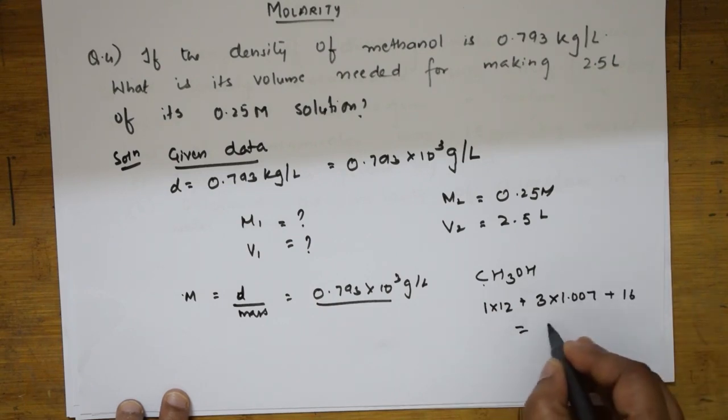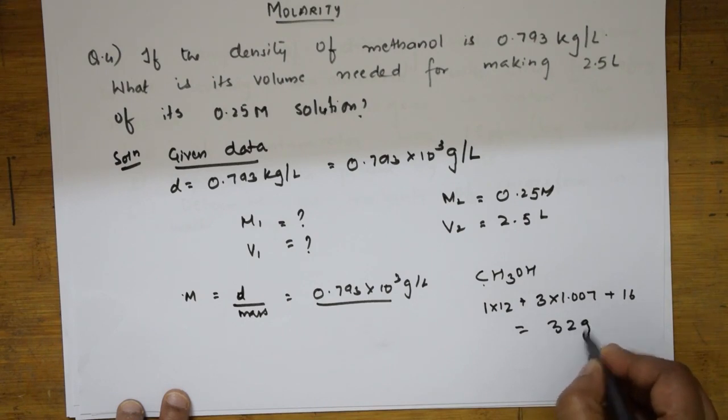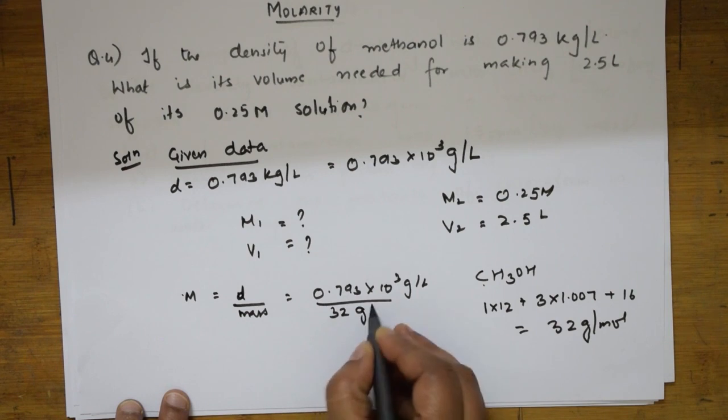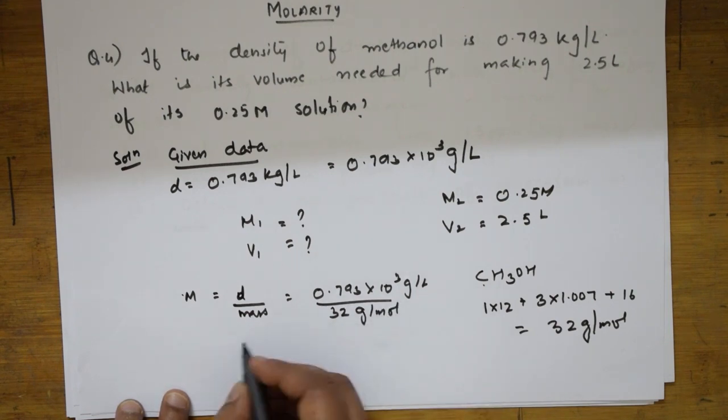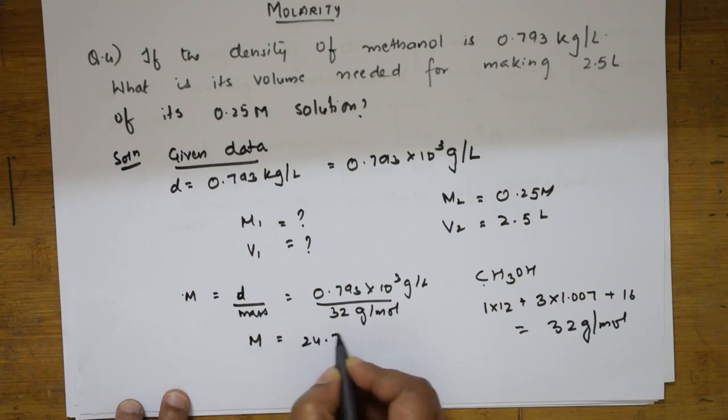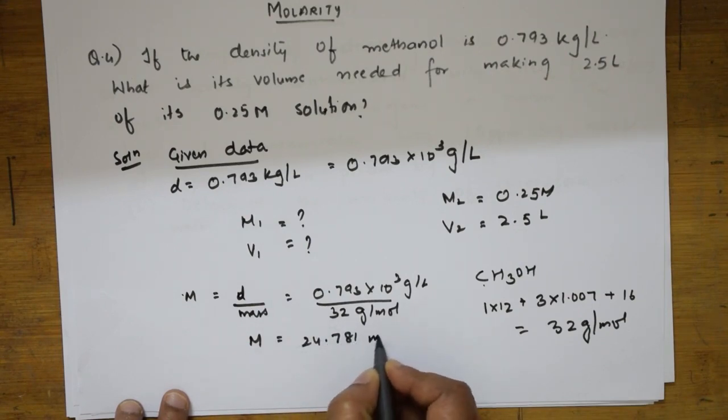When I do this, I get the methanol weight as 32 grams per mole. Now substitute 32 gram per mole. When you divide, you get molarity equal to 24.781 mole per liter.